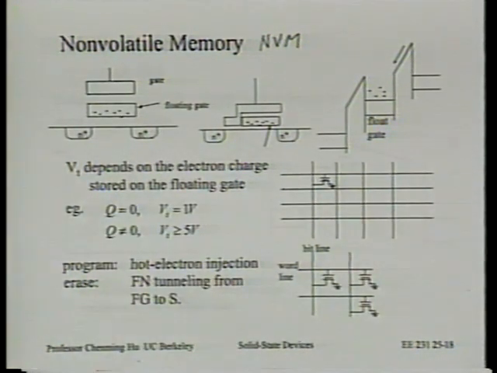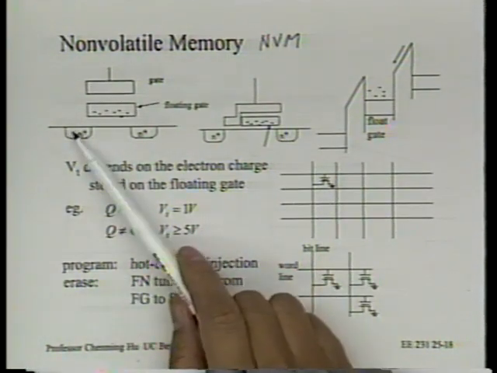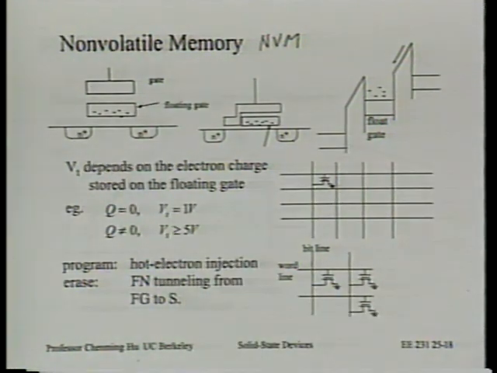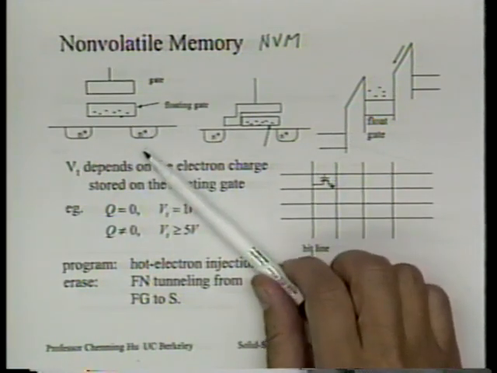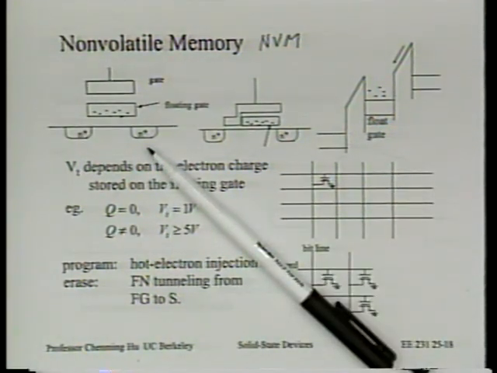You put the electrons into the floating gate by using something called hot electron injection. How do you do hot electron injection? You ground the source. You put high voltage on the drain. You also put a high voltage on the gate. These voltages are significantly higher than the typical operation voltage of a logic circuit. We call these programming voltages, significantly higher.